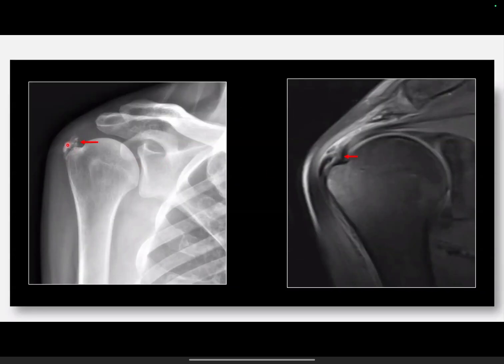Whenever you see any calcification on a sagittal or AP radiograph going above the superior margin of the humeral head, it is mostly associated with the supraspinatus, like in this case. So it's a calcification at the footprint attachment of the supraspinatus with bursal inflammation. So this is acute calcific peritendinitis of the supraspinatus.